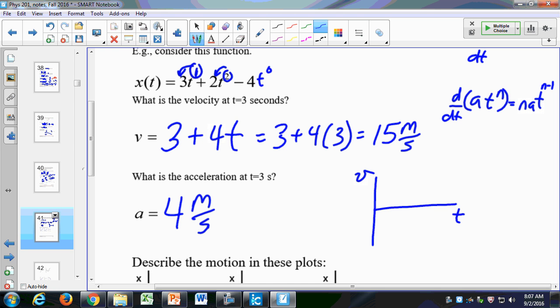Which quadrant is it going to be in, first or fourth? It's going to be in the first quadrant. I know that because the velocity is never negative, right? 3 plus 4t, it's never negative.